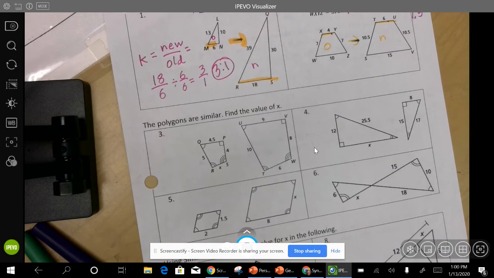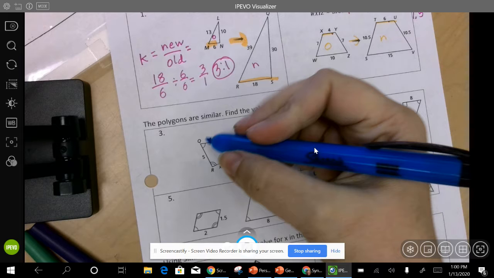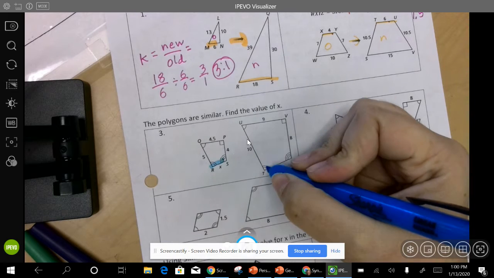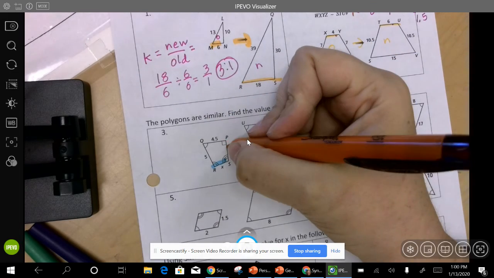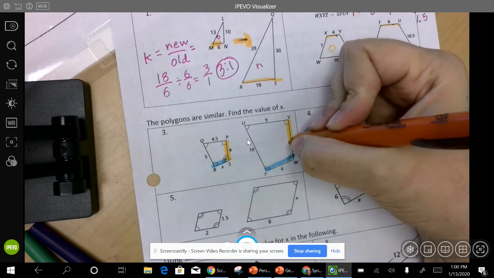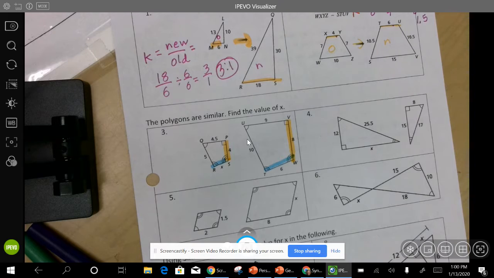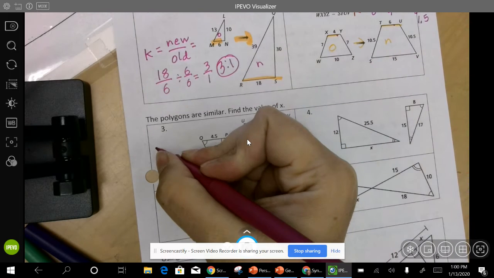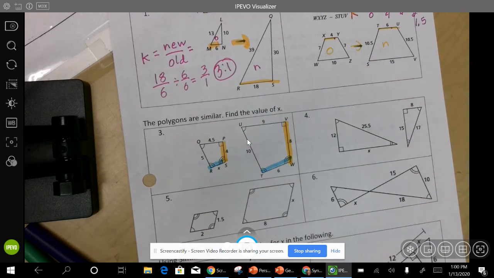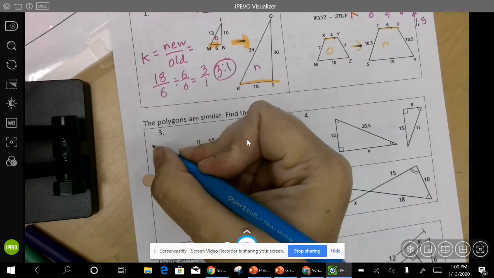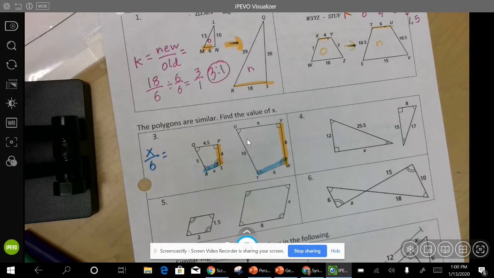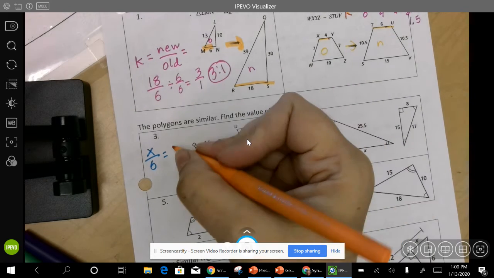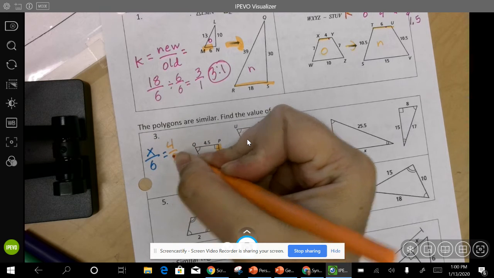Find x. So I look for x, and then I'm going to pick another side. So I'm going to do x over 6 is equal to 4 over 8.